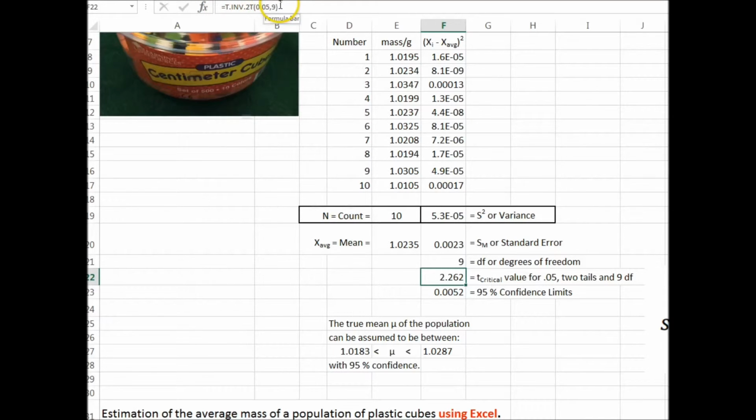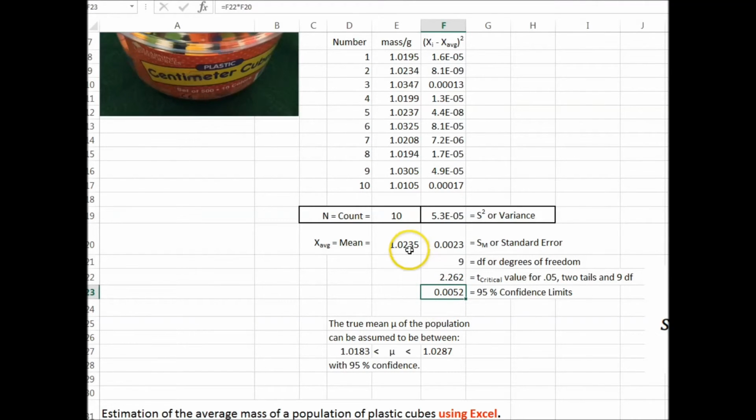We multiply by the t value, which we get with this formula from Excel, T.INV.2T, where 2T means two tails. Our confidence limit is 0.05, we're excluding 0.05 of the values, and the degrees of freedom is 9. We multiply that value by the standard error to get the confidence limits.